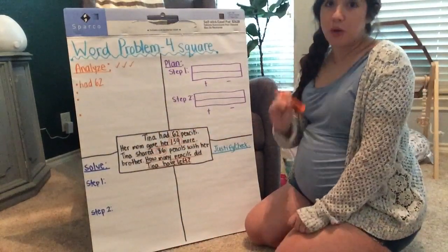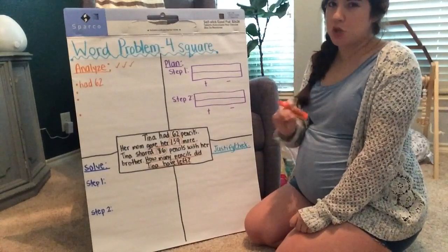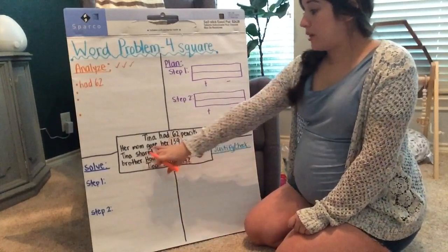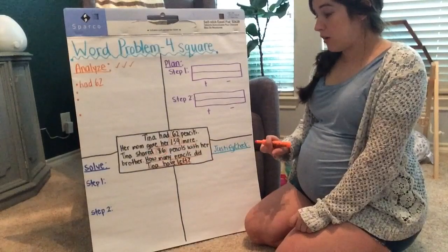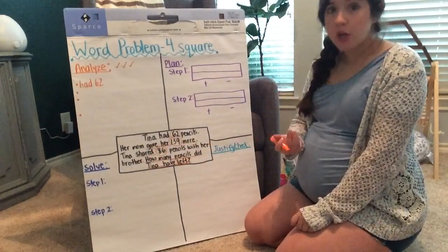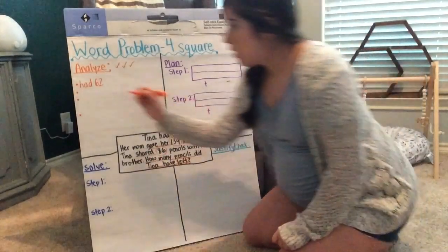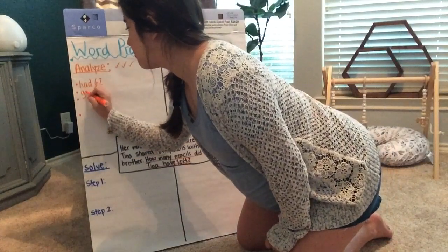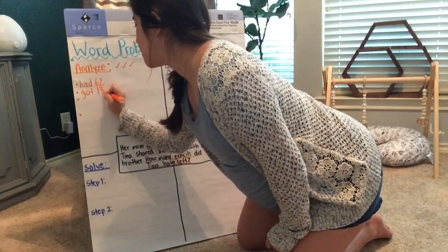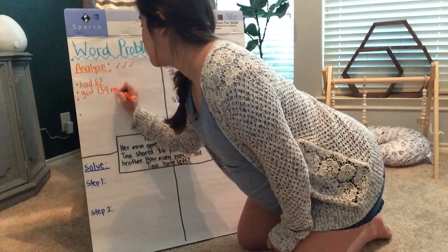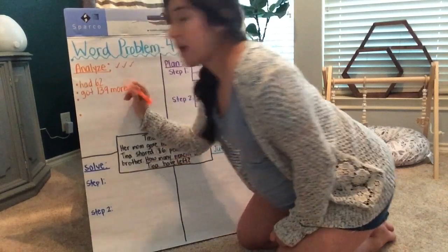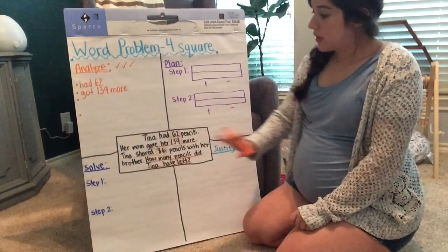And it's something just brief, a quick little note just to make sure they understand. Then I know her mom gave her, so she got 139 more. So I'm going to put got 139 more. And I'm just writing the facts.